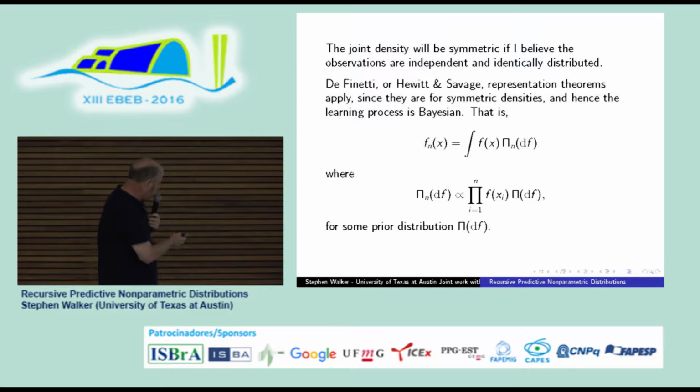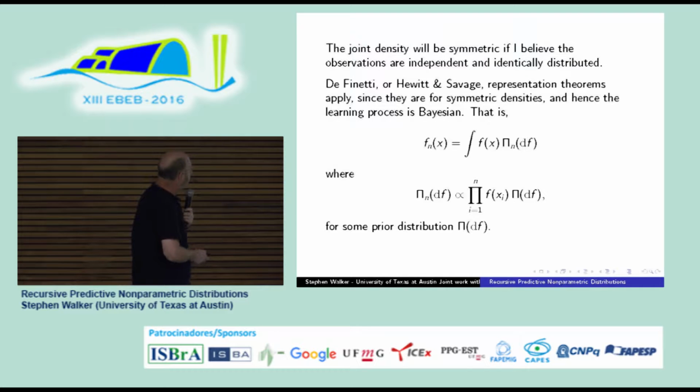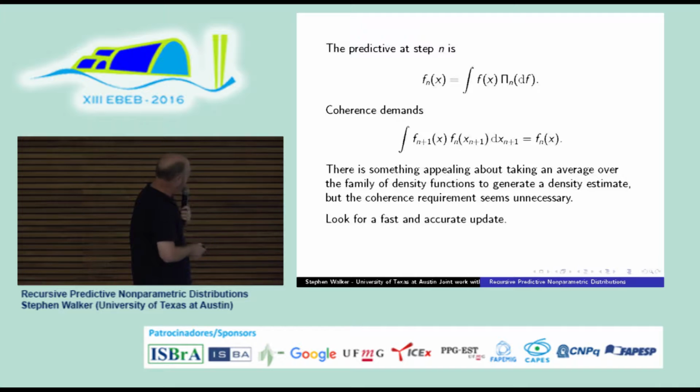And this obviously is just the usual Bayesian posterior distribution, based upon some prior PDF. So that's the predictive. And there's something very nice about it being some average over some measures, the probability measure here.